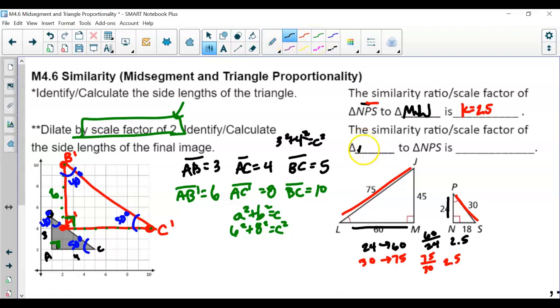Same thing if we go from MLJ now to NPS. We're starting at the large and now getting smaller, which is our reduction. So now we're going the other direction, right? We're ending at 24. So 24 divided by 60, and you get that scale factor of 0.4. Then if you continue, 30 divided by 75, you get 0.4, and 18 divided by 45, you also get 0.4. So that's how we know that similarity and that factor here.